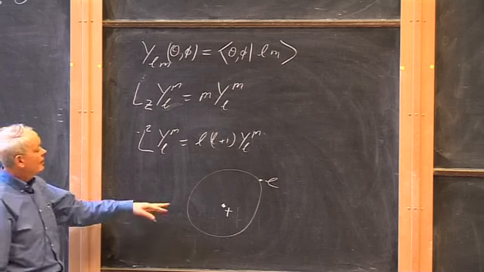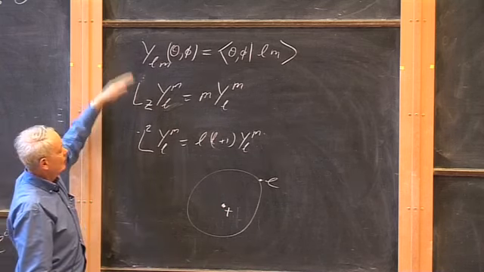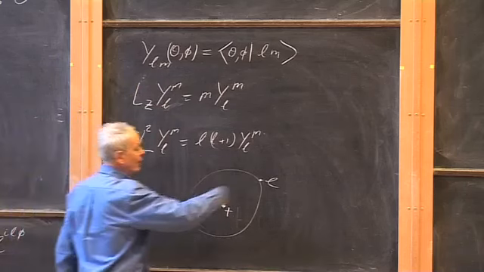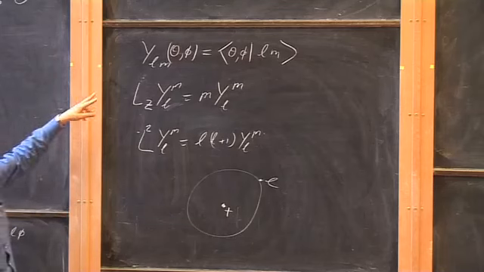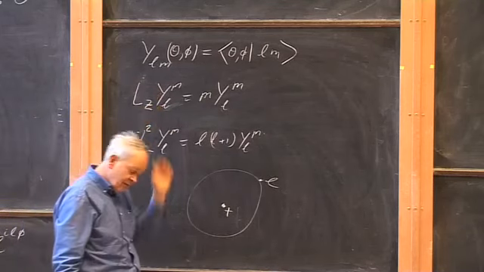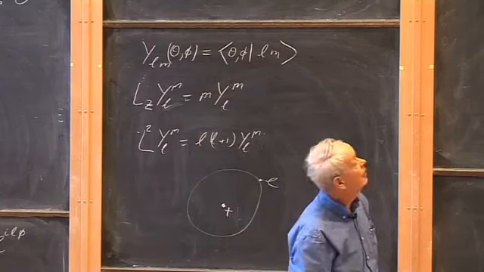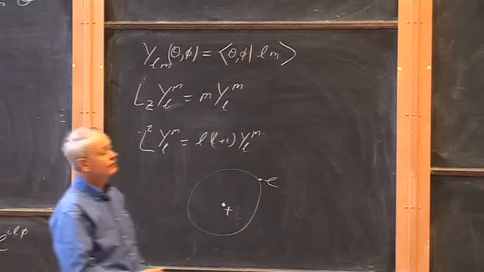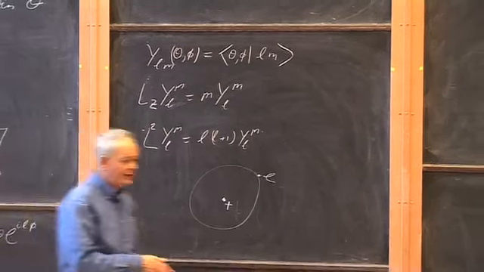The answer is that its wave function is going to be a function of r, which we'll see, and will tell you how much it's oscillating in radius as it goes round and round, times one of these Y_LM things. So we should be able to understand these Y_LM things in terms of orbits at some level, right? So let's address ourselves to that.